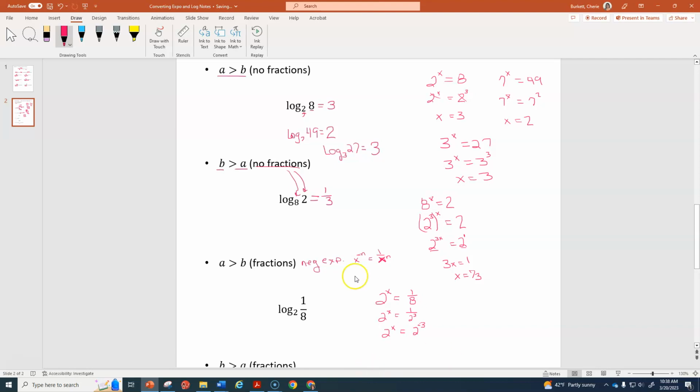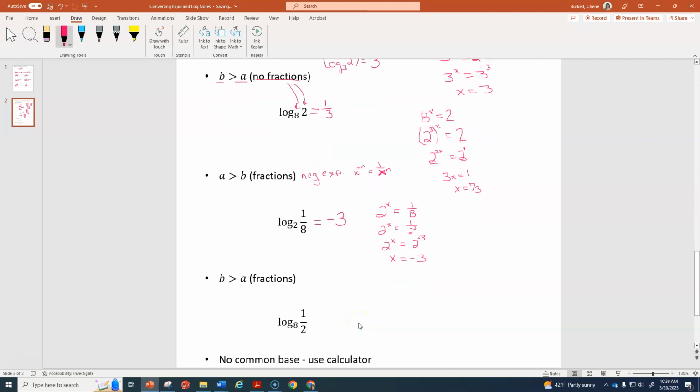I'm going to use this property right here to rewrite this. Now my bases are the same, a 2 and a 2, so I see that x is equal to negative 3. So as I said, when I see that I have a base right here, a base of 2, and then it goes to a fraction, or I have a base of anything and then it goes to a fraction, that means I'm expecting my answer to be negative.